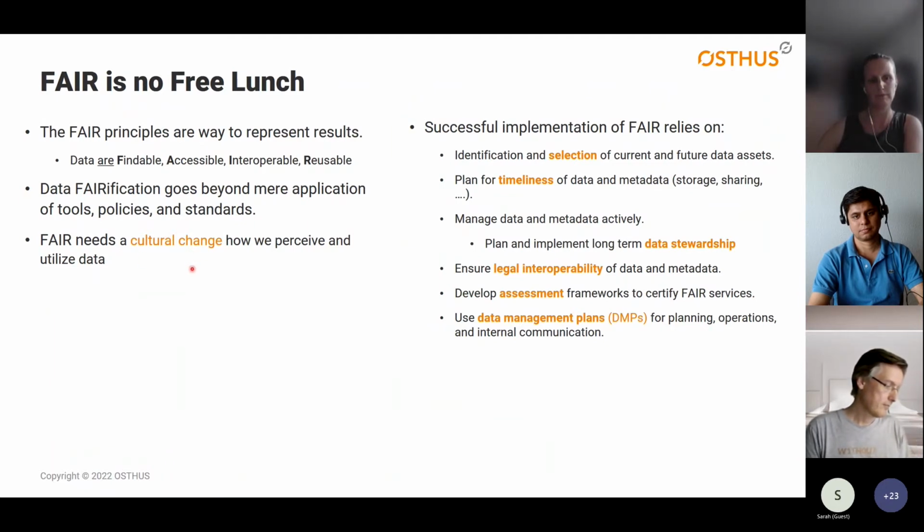It's always an offer. You always have to rely on the people actually committing to that, so that your plan towards the non-free lunch, FAIR, but at least some FAIR data, actually succeeds.